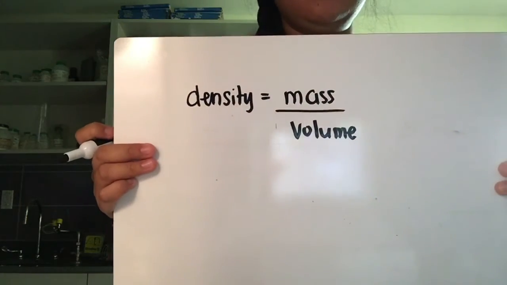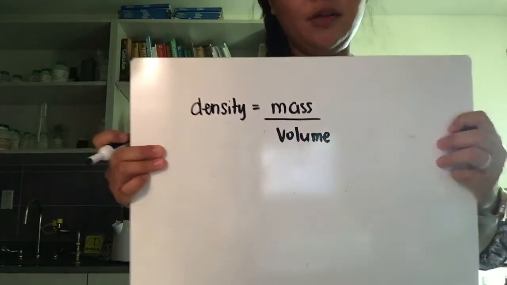To find the density for each of the objects, we're going to use a formula, which should be on the instruction sheet. I'm going to show it to you. Here we go. This is the formula: density is equal to mass divided by the volume.